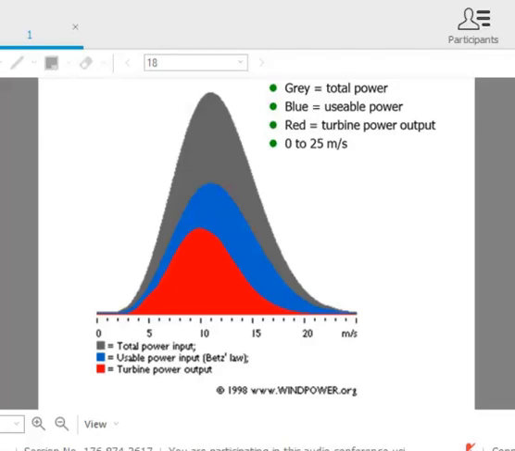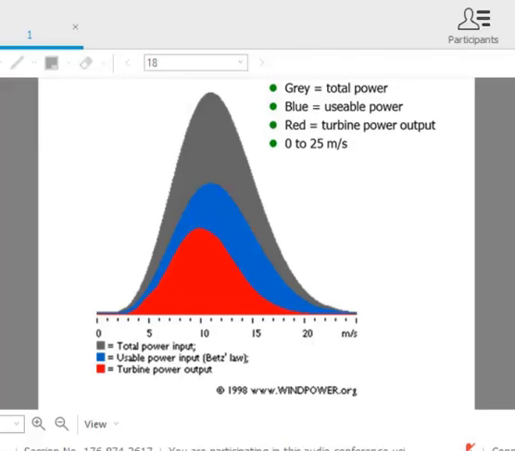So I have 588750, and if I divide it by 10 to power 6, this is equivalent to 0.58875 megawatt. So approximately 0.6 megawatt is sufficient to meet the average electricity usage of about 1000 European households. And the important thing is that if we just double the velocity, from 5 to 10, the power will automatically increase 8 times.